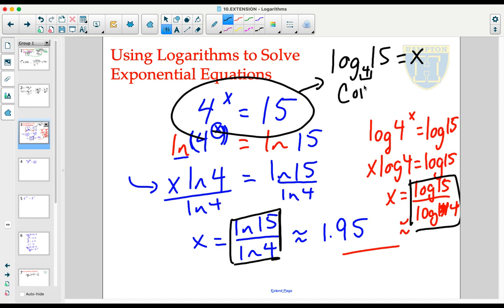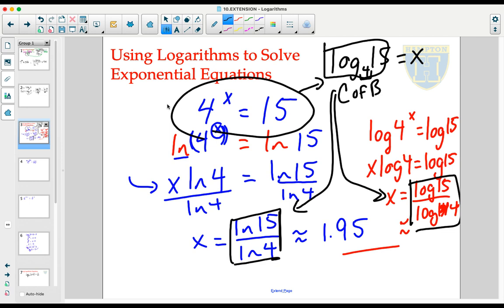But if we use the change of base property on this expression right here, we would get one of those two expressions. So there is a synergy between our understanding of exponentials, our ability to rewrite them as logarithms, our ability to solve them by taking the logarithm of both sides, and the change of base formula, where all of those pieces fit together.